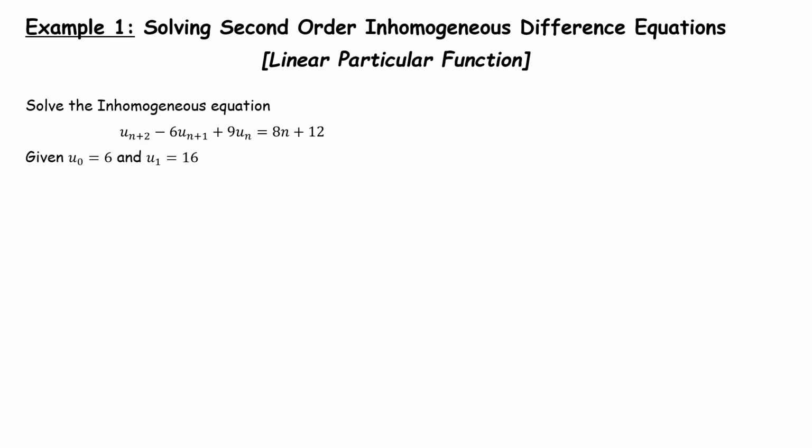So we can clearly see here that this is a linear. So this means for our particular solution, we are also going to have a linear. It's really important you're able to identify those functions. So our function f of n is going to be a linear.